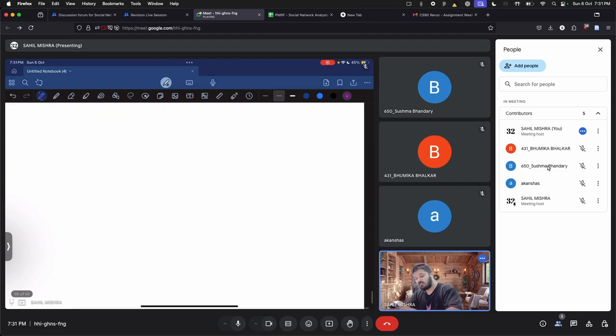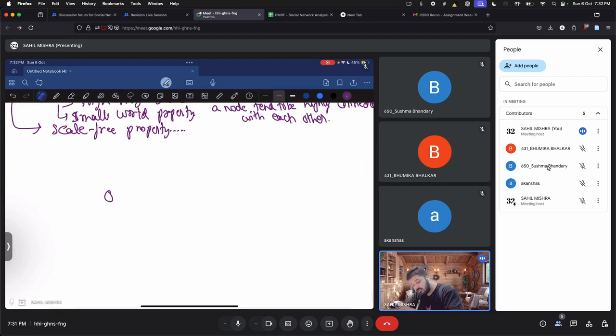What I'm saying is, if there is a node which has a high degree, its neighbors should also be connected to each other somehow. Ultimately, what we do is check how many edges are possible between these nodes and how many edges they currently have.